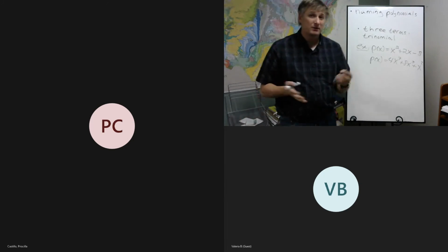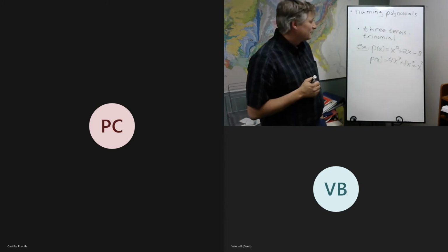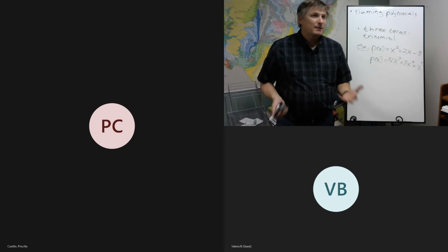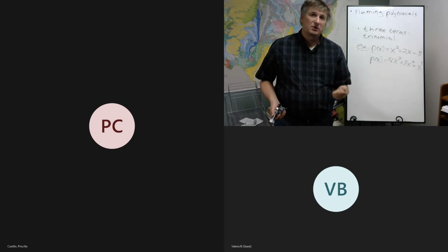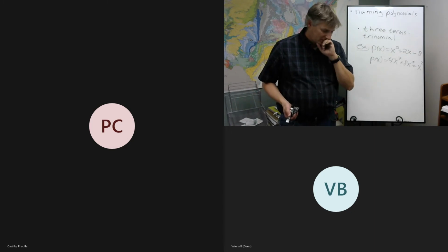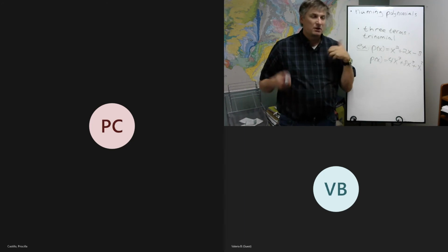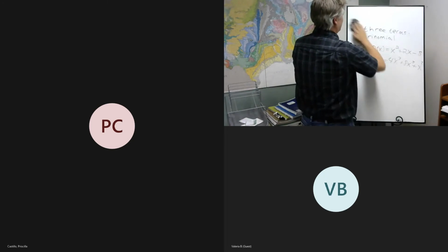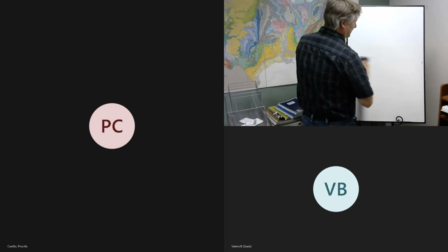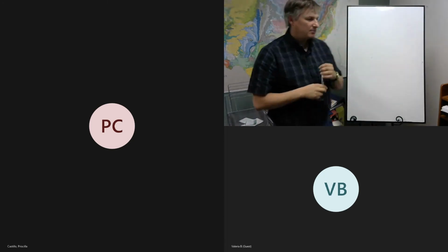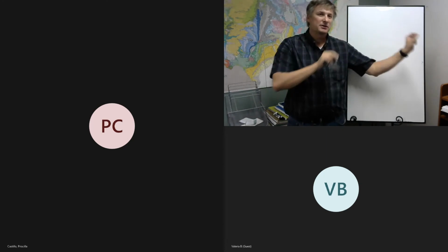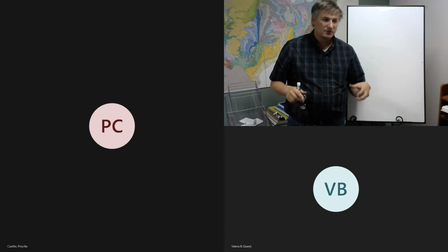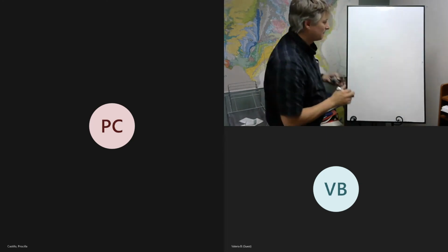So let's give you two trinomials this time. So we can label these polynomials by the number of terms that they have. Now, we talked about what we call standard form. And that's when we list the terms of the polynomial in decreasing exponents or decreasing powers of the variable.